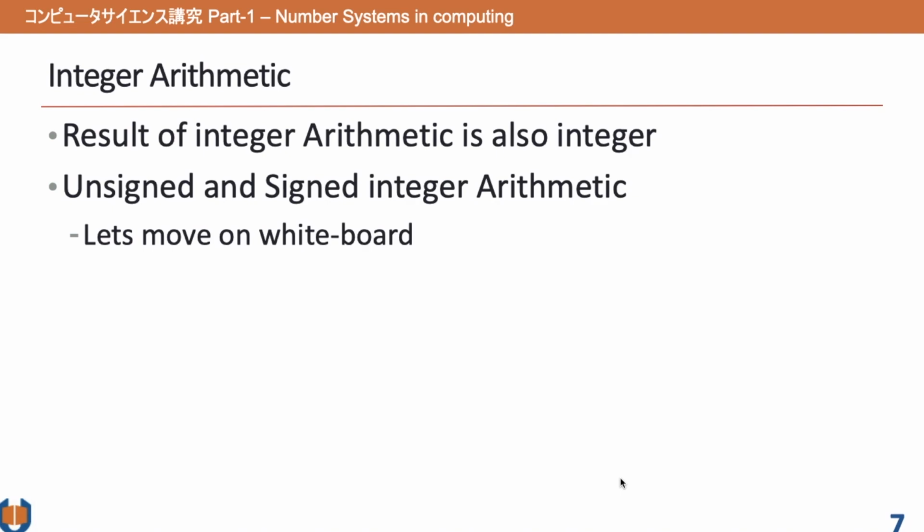The first thing I would like to share with you is that the result of an integer arithmetic is also an integer. Okay? So in the next parts 2 and 3 we will discuss floating point arithmetic, which has an integer significand or coefficient. So right now we don't need to discuss integer arithmetic in detail.